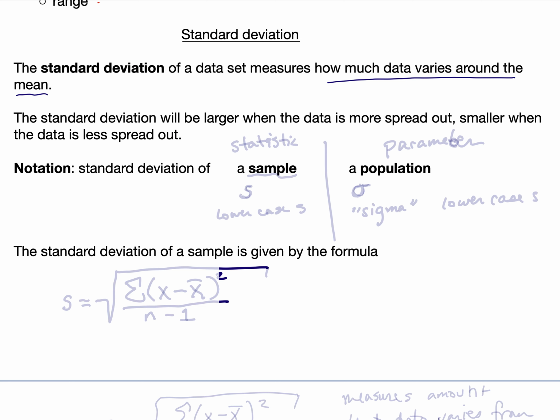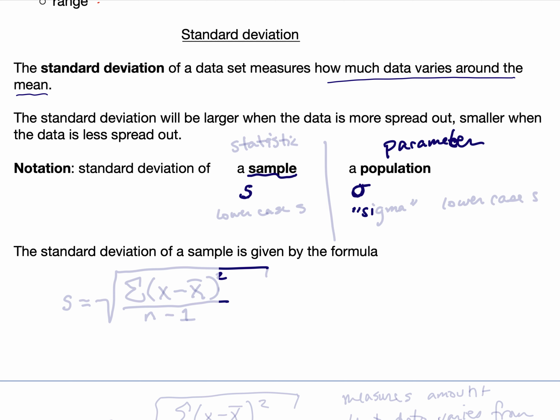In terms of notation, the standard deviation of a sample is given by lowercase s, and the standard deviation of a population is given by sigma. So for a sample, we have lowercase s, and for a population, we have sigma. As we saw before, it's generally the case that when we talk about a parameter, we use fancier letters, like this Greek letter sigma.